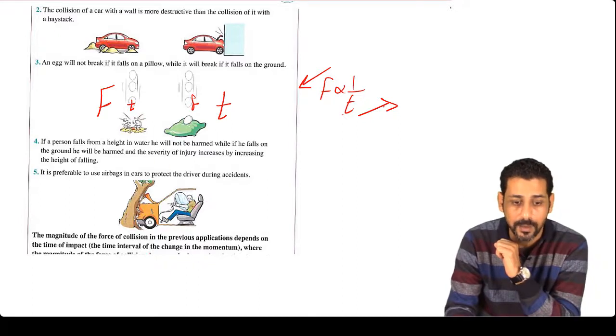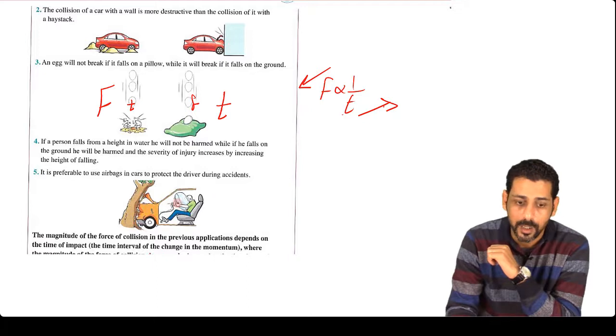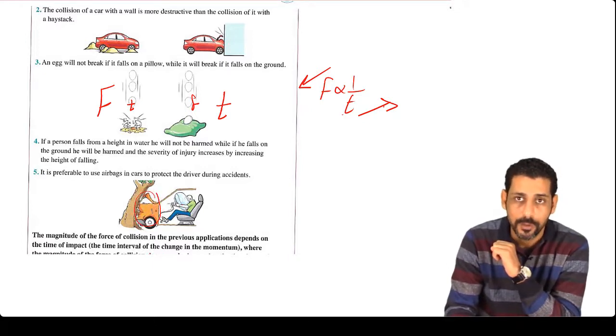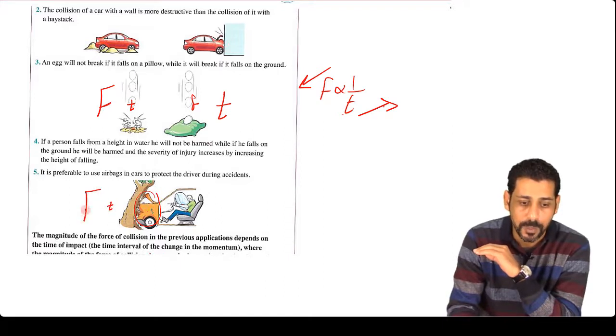طيب برضو نفس القصة, okay, in the same story here within a car. In a car we use an airbag. Why do we use an airbag? Without it, the car is damaged, destroyed, so the force here is a destructive force on the car. The reason is that the car just stopped immediately, so the impact time was small, so the force will be huge.